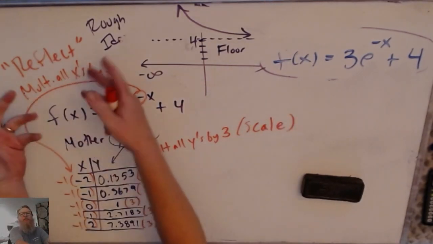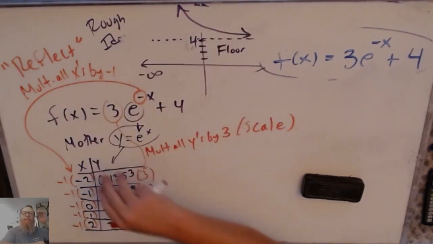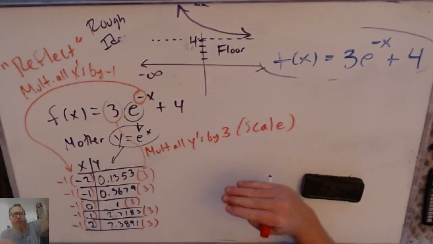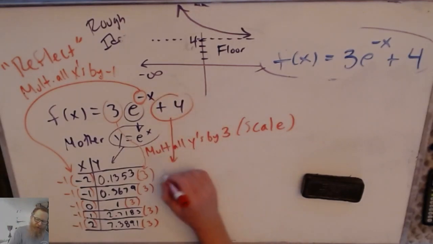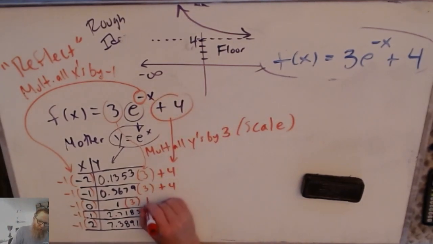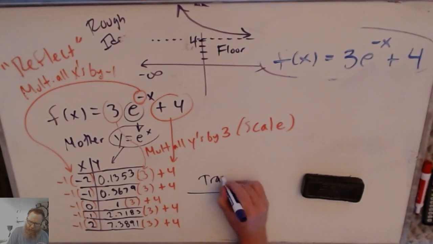So reflections flip things over. Actually, it's going to flip it over this way. And the scalar is also known as a stretch. It's going to stretch it 3 times. Then finally, we're going to add 4 to all the y's. And now we're going through transformations.